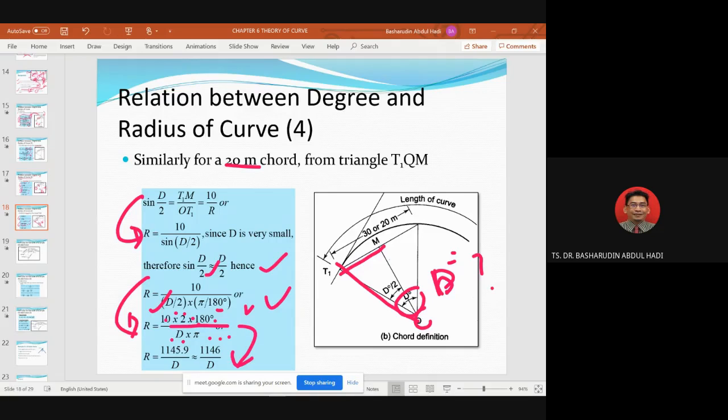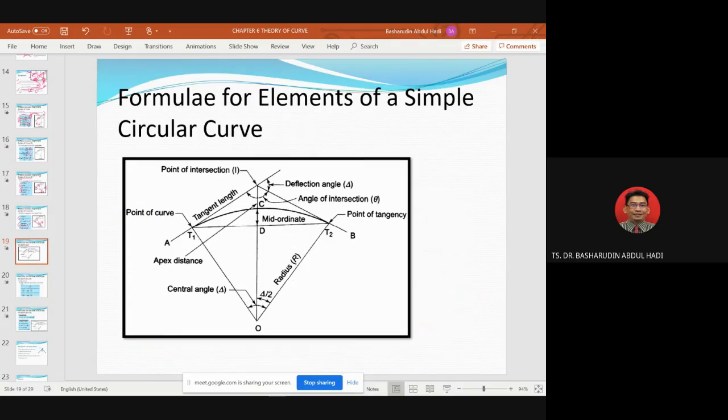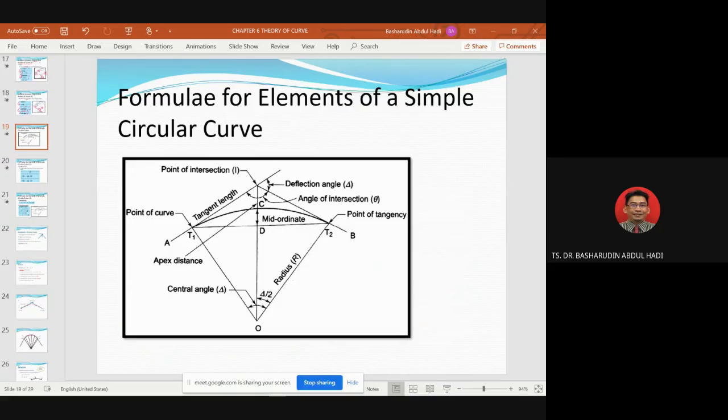If you change the formula, R is equal to 1145.9 divided by D, or as a very near value, 1146 over D. Next we have the formulas for the elements of a simple circular curve.